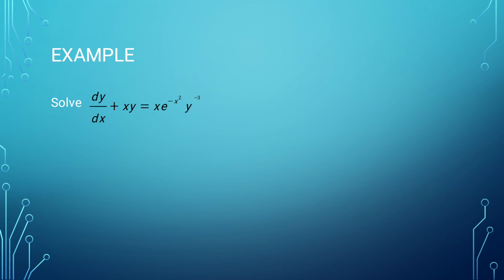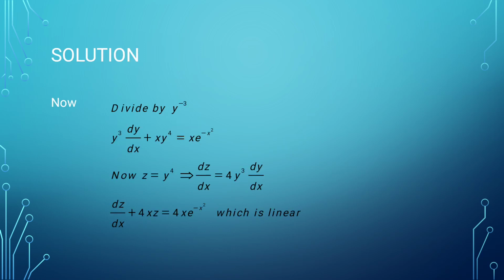So we have this example here. This tells us this is a Bernoulli differential equation, with our n being equal to negative 3. So we divide by y to the power -3, that's the procedure, and we get this.